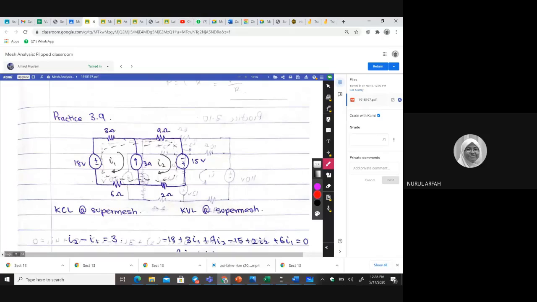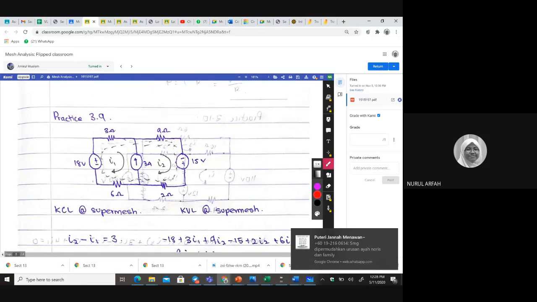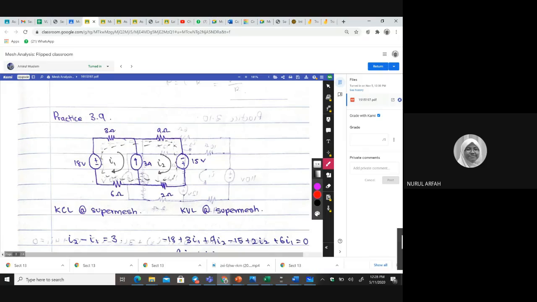Alright. Okay, let's look at 3.9. By looking at Amirul's answer, straight away we know that Amirul is using mesh analysis. Very good, because Amirul used this sign, the imaginary current, with I1 and I2 labeled. Then next, does Amirul have a super mesh here?